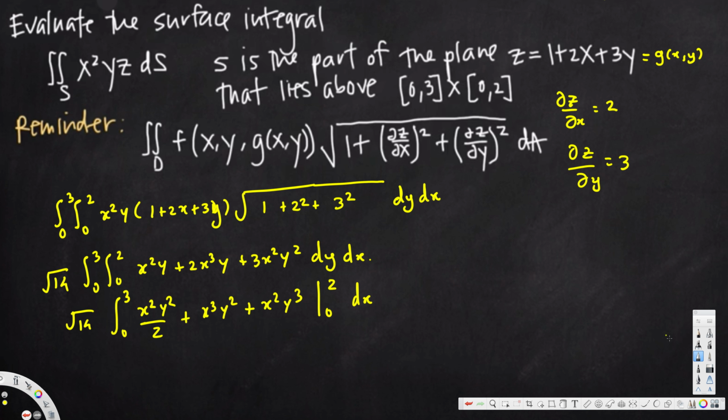So it's better to write y is equal to 2, y is equal to 0, and if we plug 2 for the y value, this is going to become 2 squared divided by 2, that's going to be 4 over 2. 4 over 2 is just 2, so we are going to have 2x squared right here, and then here we are going to have x cubed y squared. Y squared is going to become 4x cubed, and then y cubed, 2 cubed is equal to 8x squared, and that's it. Now we are going to integrate this one with respect to x.